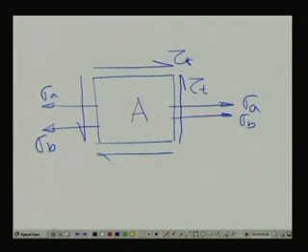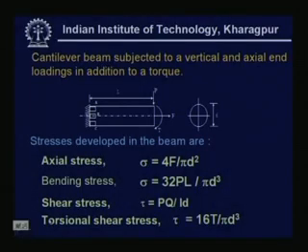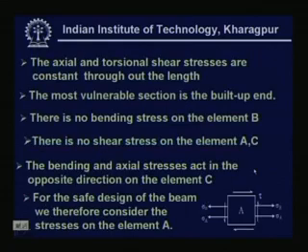Now, if we go back to this figure and see the summation of what we have learned from that example: the axial and torsional shear stresses are constant throughout the length because it is irrespective of the section. Now, the most vulnerable section is the built up end, that we have already discussed, because we will always have the most bending moment at the built up end.